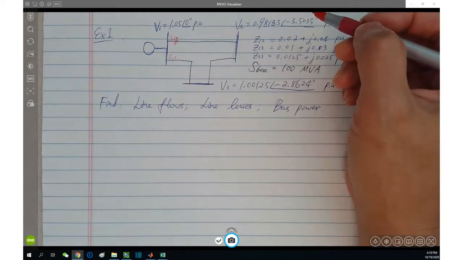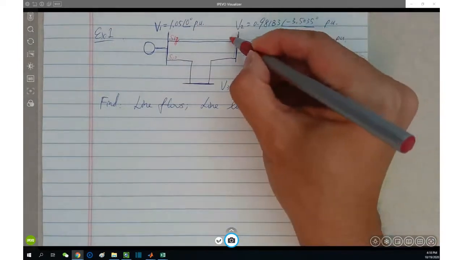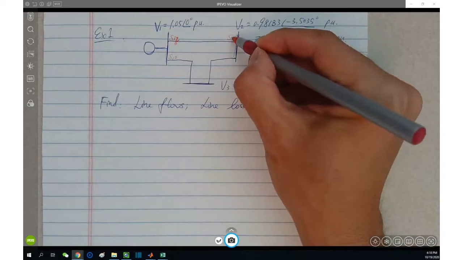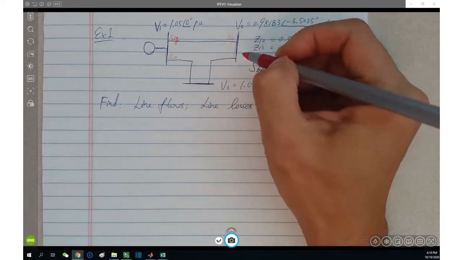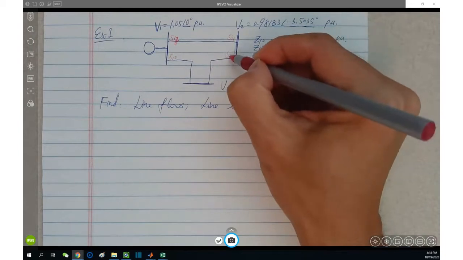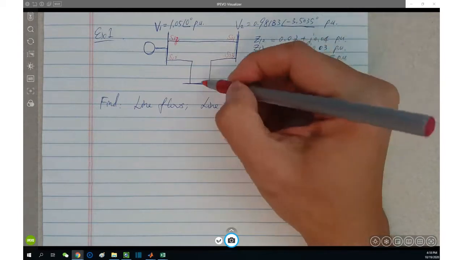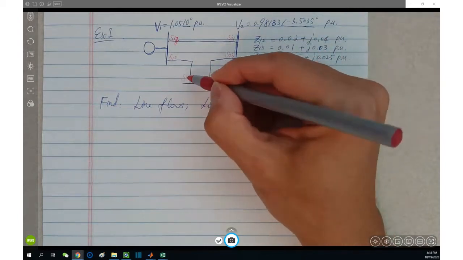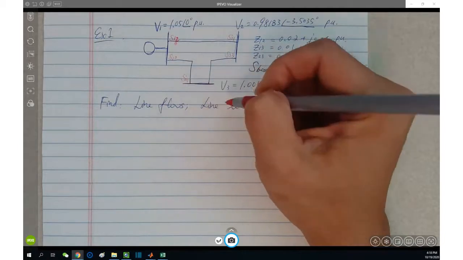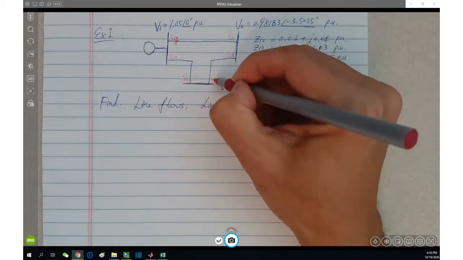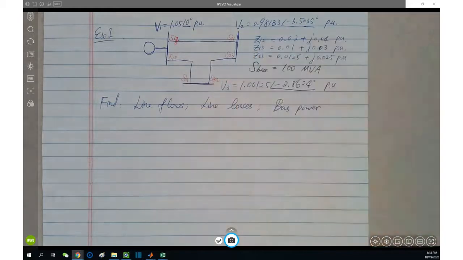Where are the next 4? Here. That's S21. This guy is S23. 2 left. Here is S31. Here is S32. Making sense? Up to 6 line flows.